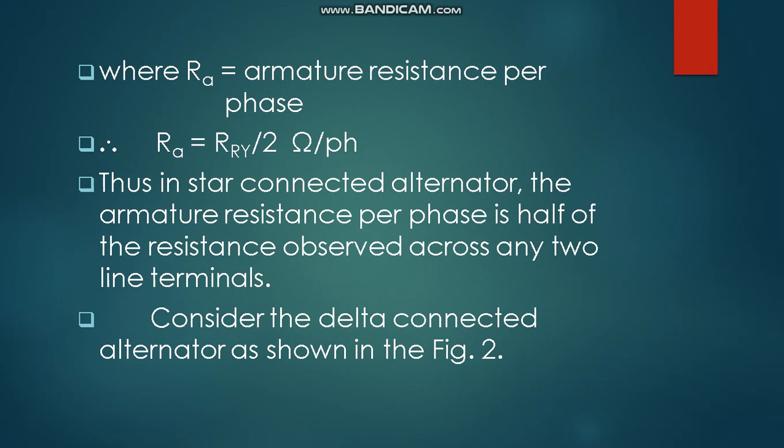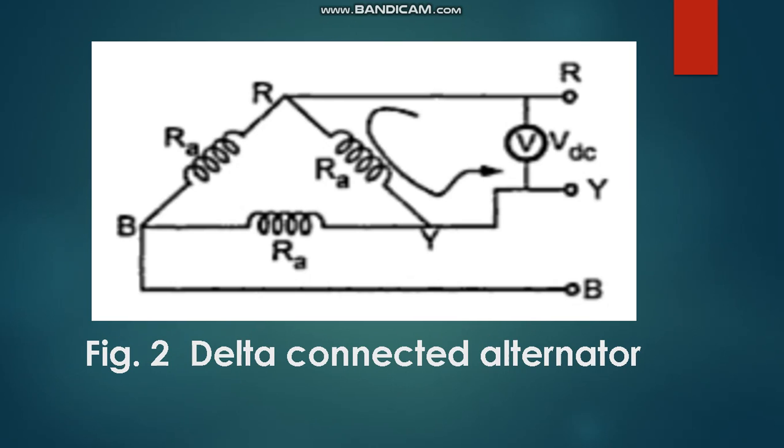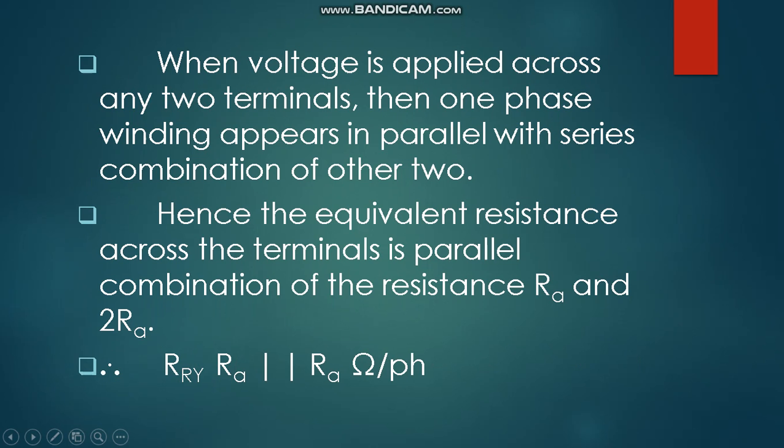Consider the delta-connected alternator as shown in Figure 2. As you can see, this is the delta-connected alternator. When voltage is applied across any two terminals, one phase winding appears in parallel with the series combination of the other two.